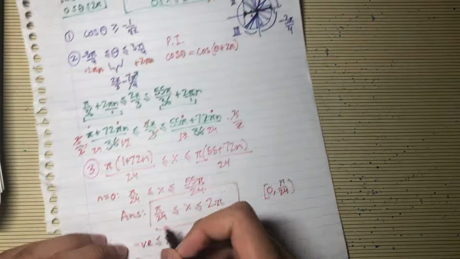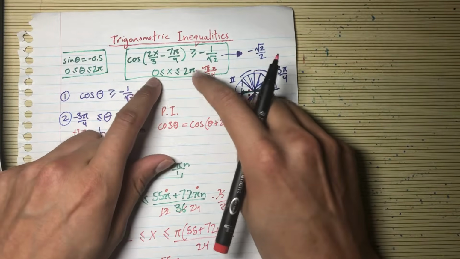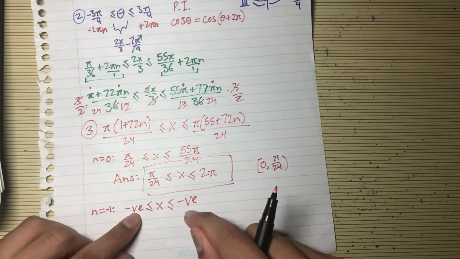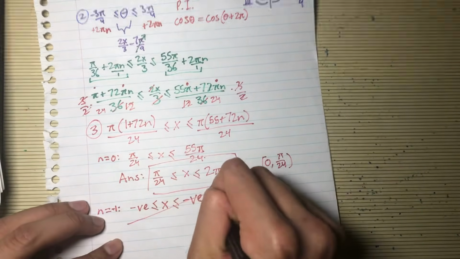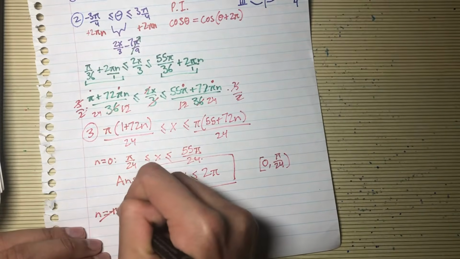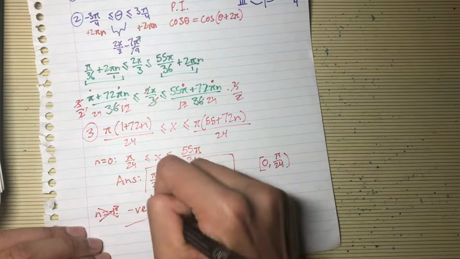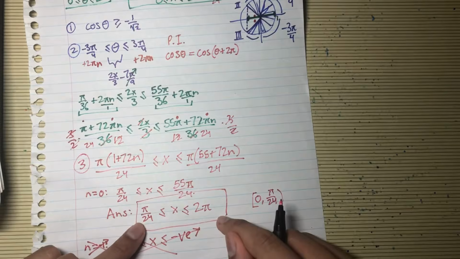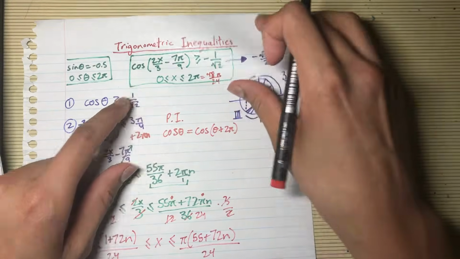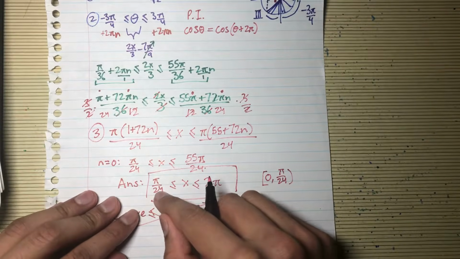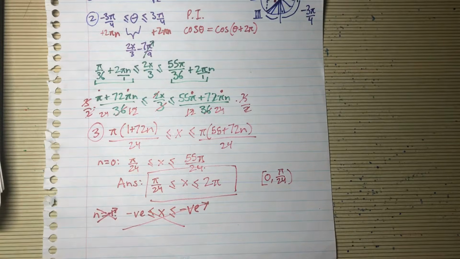Hence, this interval does not work because the required interval is positive, but the answer interval that we're getting is negative. So this interval does not work, and n equals negative 1 does not work. So, for our final answer to this inequality, x is greater than or equal to pi over 24 and less than or equal to 2 pi, and we are done.